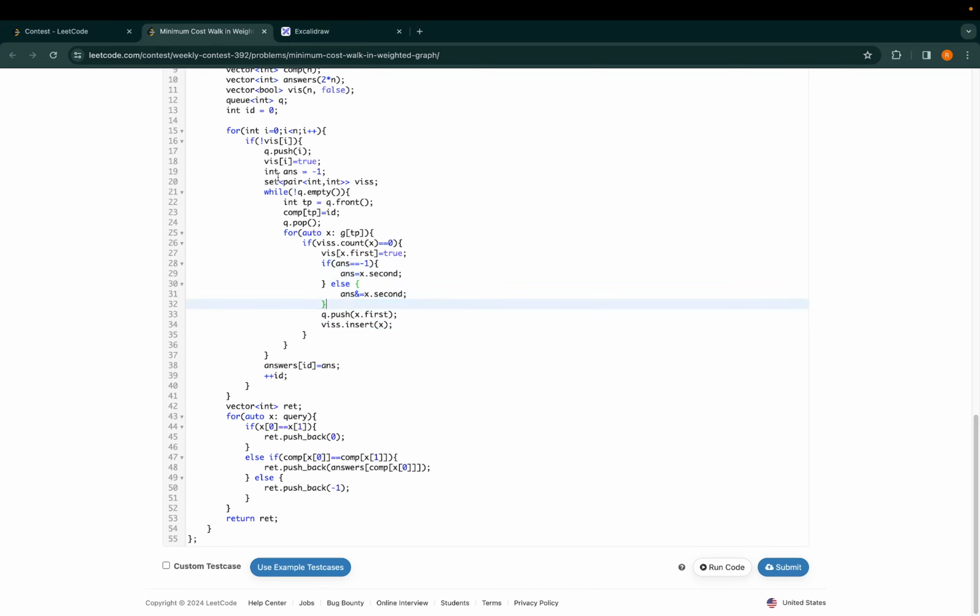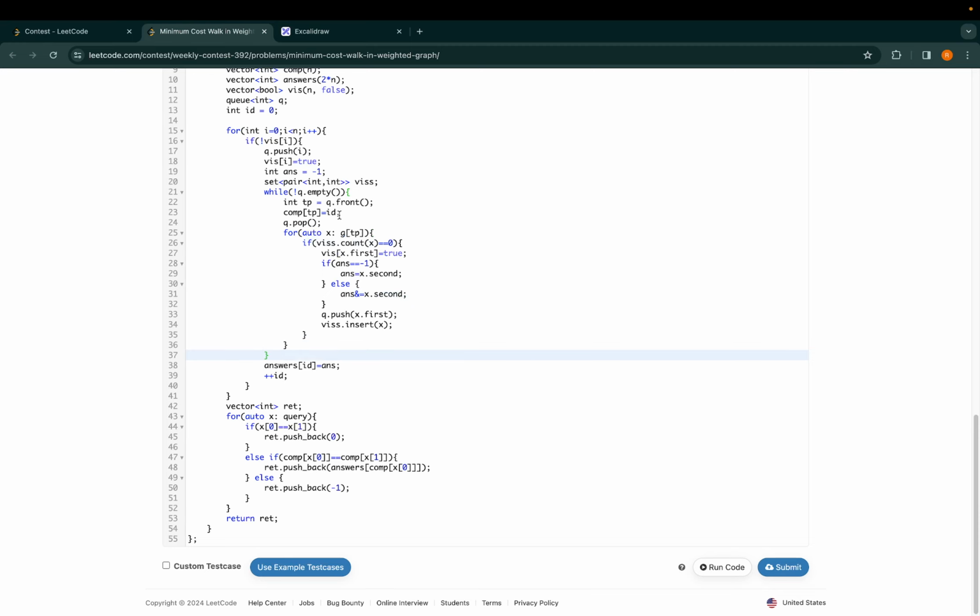The answer was initialized to -1. If it's -1, just take the weight of that edge, or else if it's already not -1, we just do a bitwise AND operation over here with the weight that we are looking at currently. So that's all we have to do here.